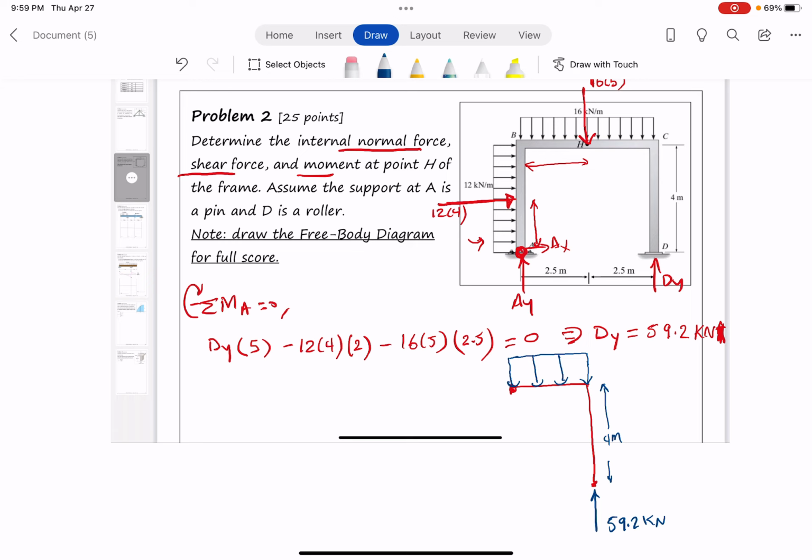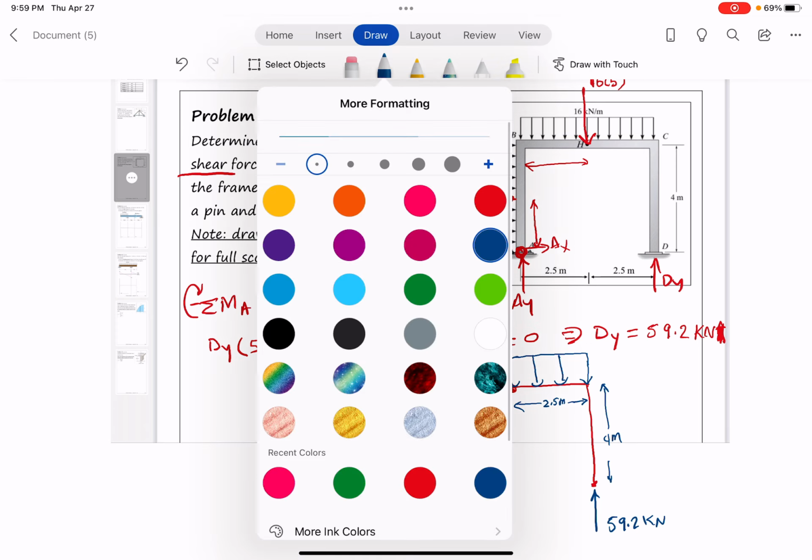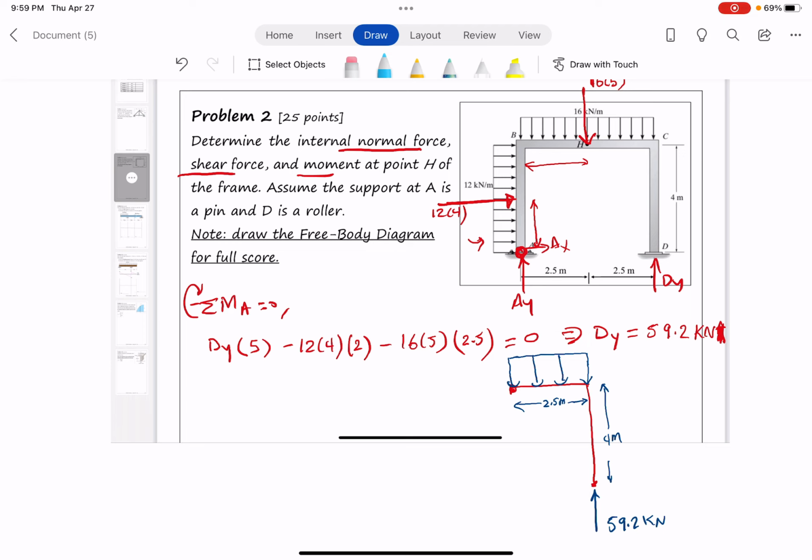This is 16 kilonewton per meter, and you have 2.5 meters where you have the cut. So this is 16 times 2.5, acting in the middle, 2.5 divided by 2, so this is 1.25, and the other one is 1.25.